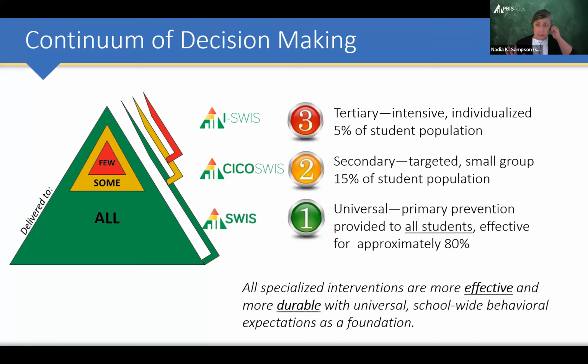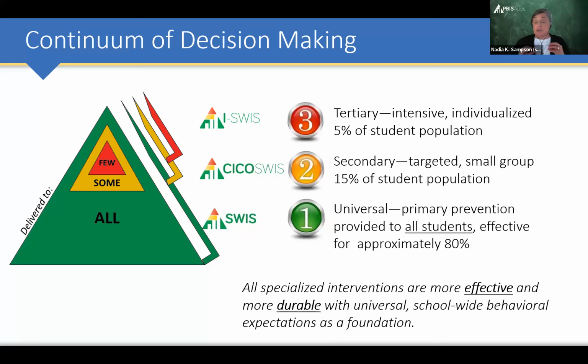What we know too, and it's something important to remember, is that all specialized interventions are much more effective and efficient and durable if we start at the foundation. Sometimes the temptation is there to go to the students who have really gotten our attention, that appear to have the highest needs. What we know is if we can get our tier 1 solidly in place, we're going to catch more students than we would have if we didn't have that in place.